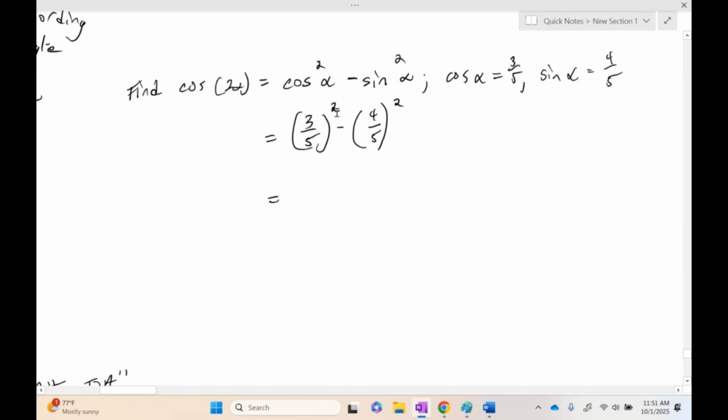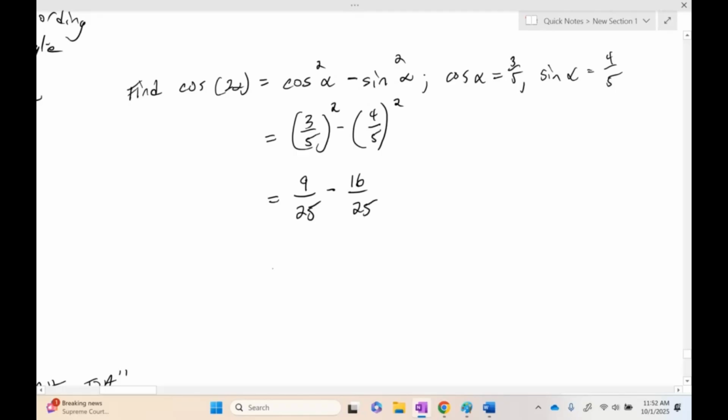So 3/5 squared, I believe that gives us 9/25 minus, because that's a part of our formula. 4/5 squared is 16/25. When you subtract fractions, you must have a common denominator.